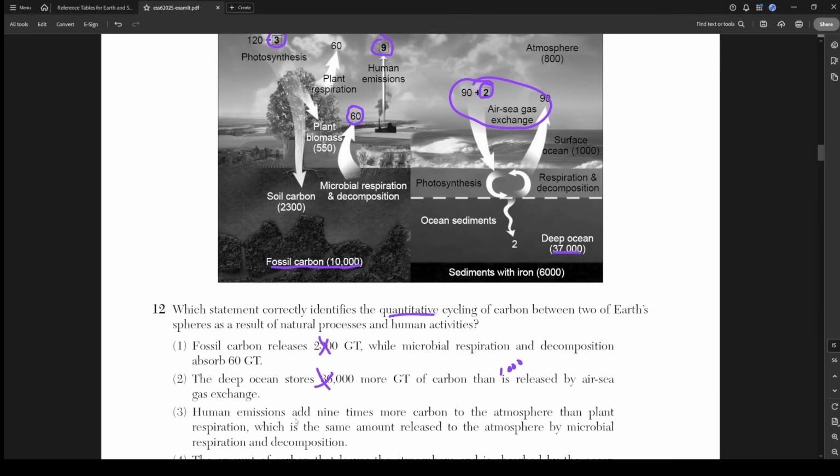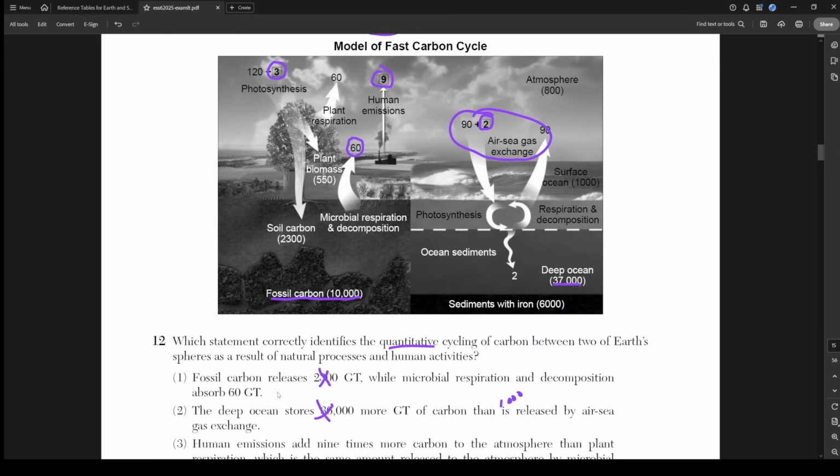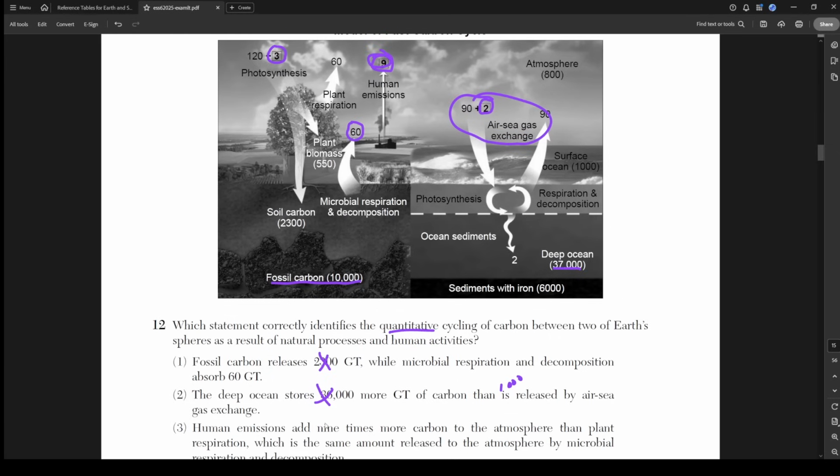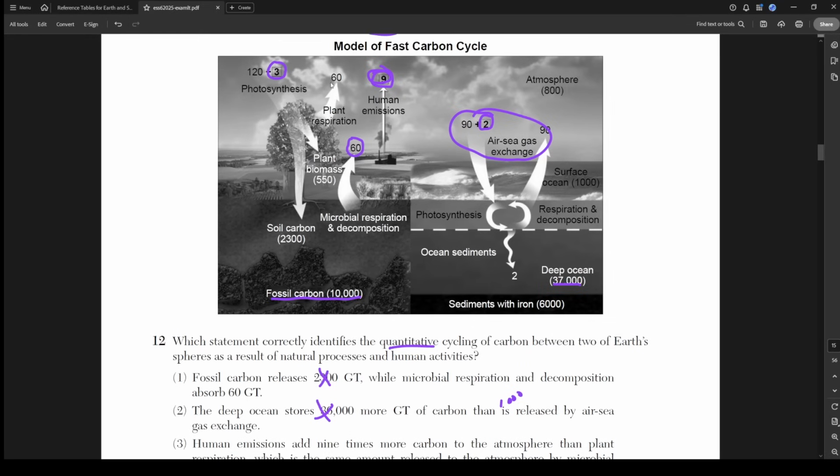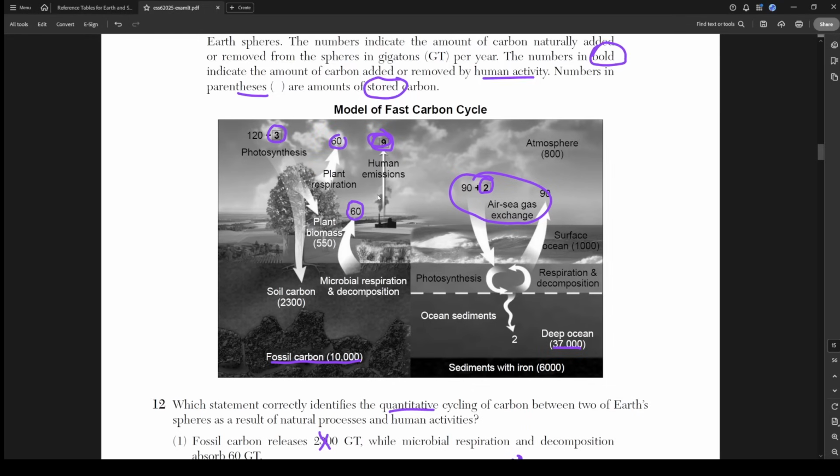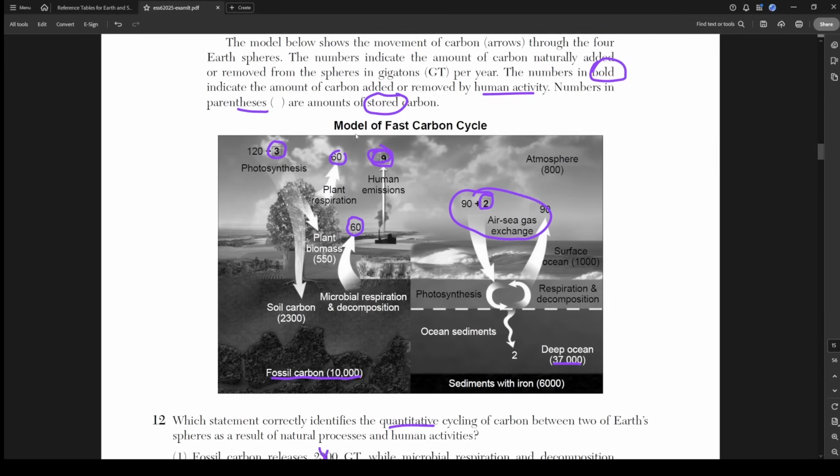Human emissions add 9 times more carbon to the atmosphere than plant respiration. Okay, let's see. Human emissions, 9 times more carbon than plant respiration. But it doesn't say if this is multiplying.